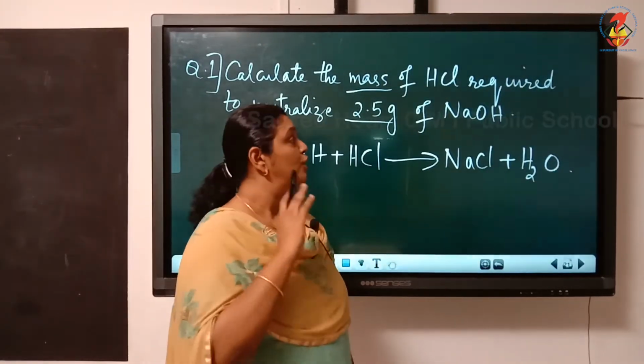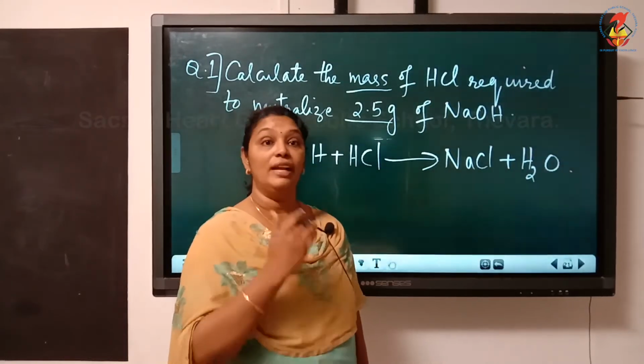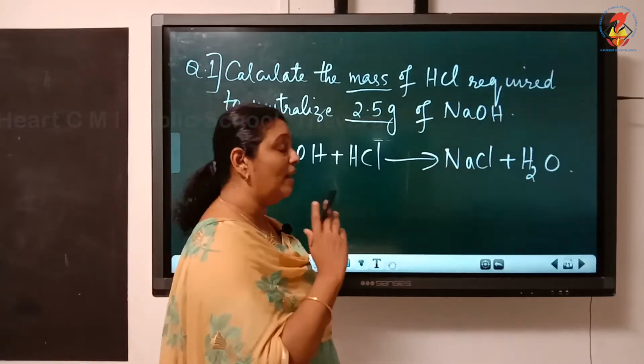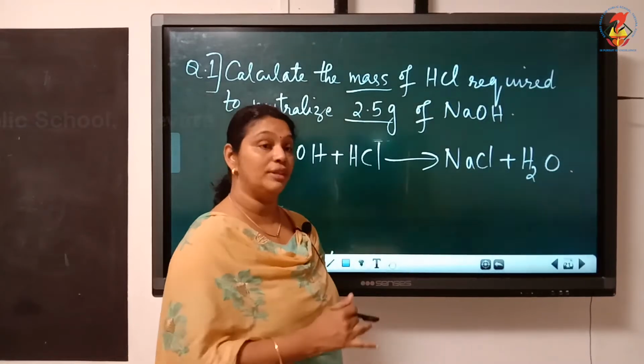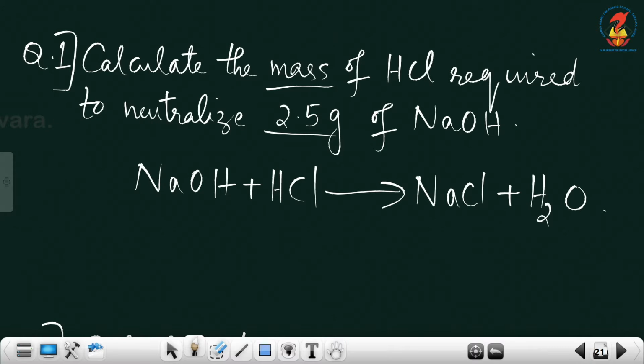According to this balanced equation, the molecular mass of sodium hydroxide is: sodium atomic mass 23 plus oxygen 16 plus 1, which is equal to 40 gram.